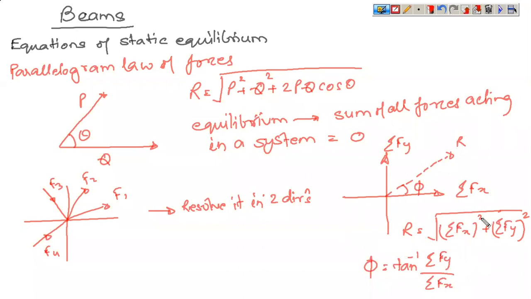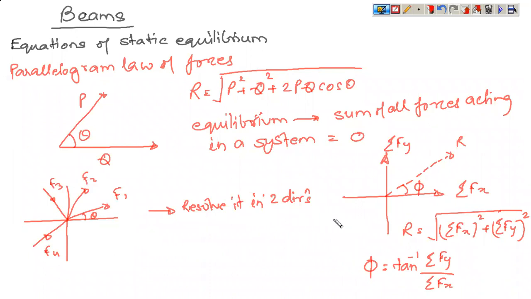So how to resolve forces? If this is the theta angle made by force F1 with the horizontal, then this F1 is resolved into two components where F1 cos theta is your x component and F1 sin theta is your y component. So probably this is clear to everybody, and if you still have a doubt, you can come back to me. I'll arrange a special session for it and explain how to resolve forces.